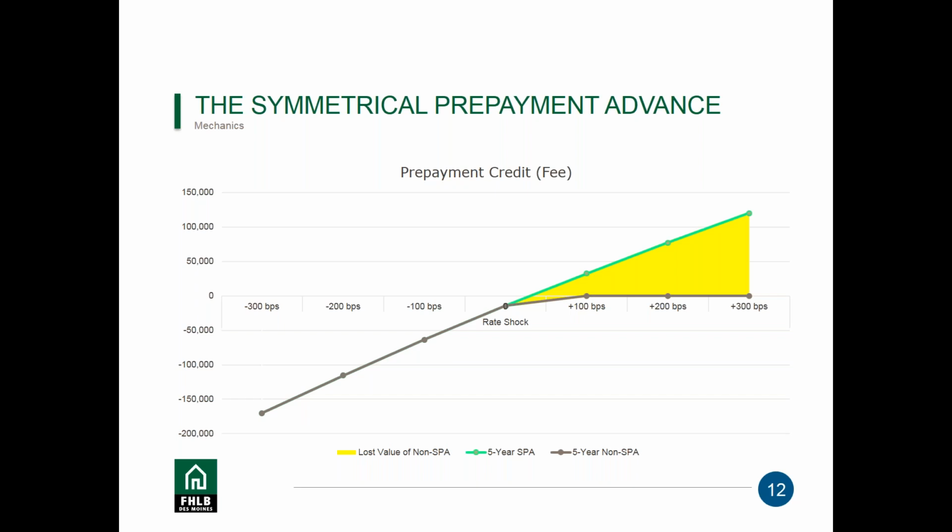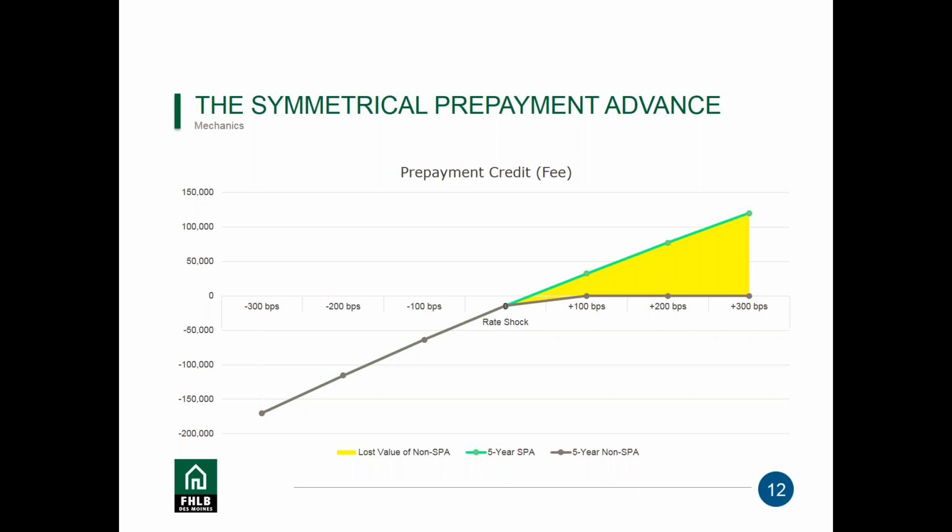So, as an example, under a rate rise of, let's say, 200 basis points, if you see it there, a $1 million notional advance would represent a $77,358 credit versus an asymmetrical or regular advance which would not, in that rising rate environment of up 200, give you any credit at all. We'd pay you back at par with a smile.